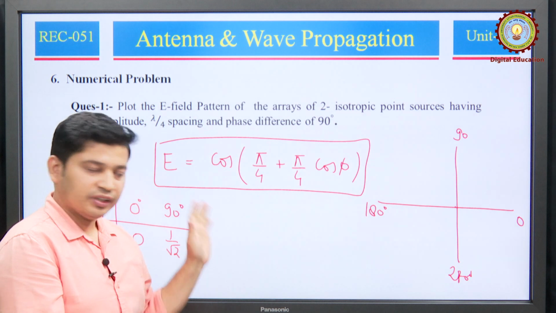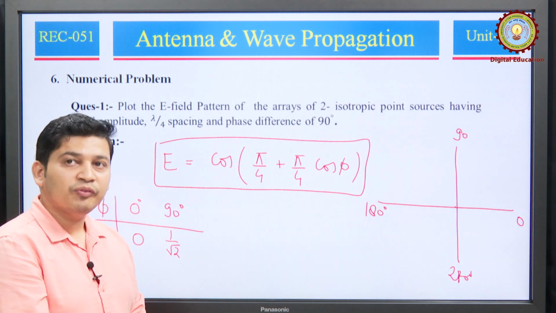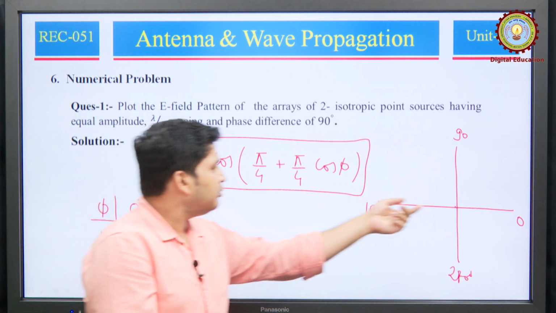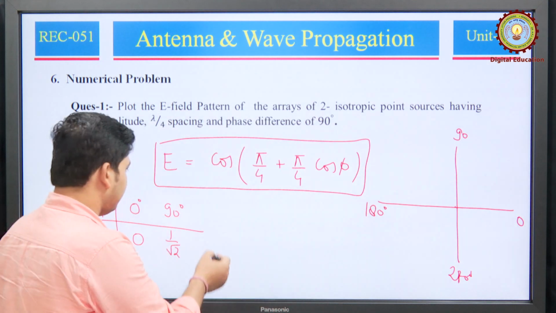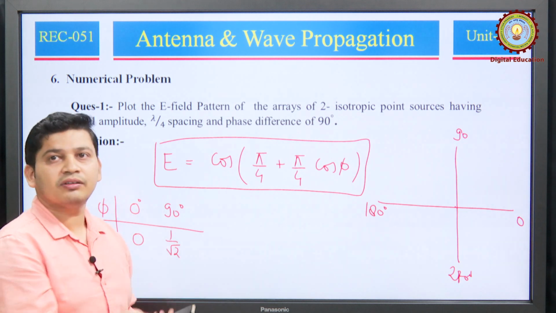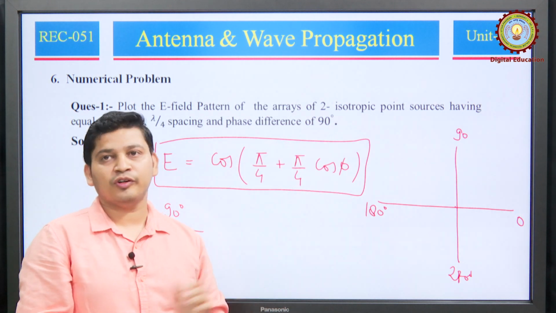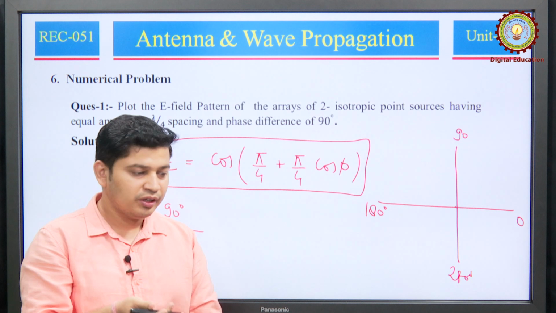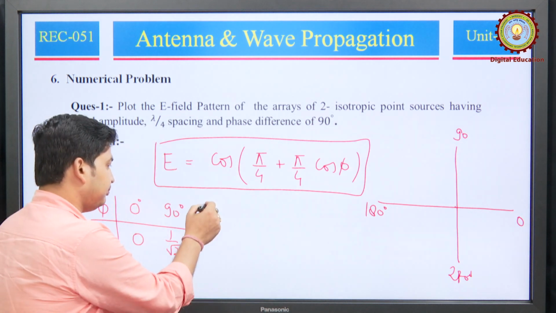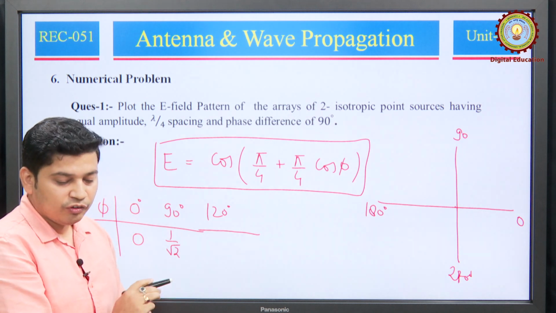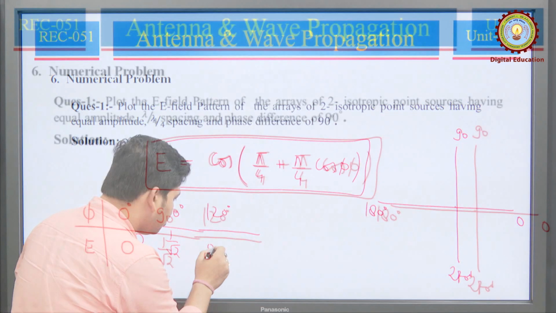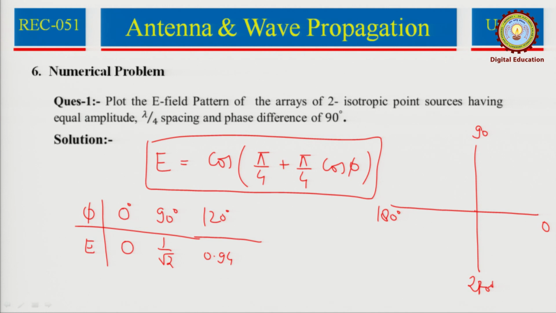Later we plot the curve, first we find the values. Next, let us take one more value in between these two, let us say 150 degree, or you can take 120, whatever you want, it is sample data we are processing. So, let us take 120 degree. When you solve this, it is close to 0.94, you do the calculation from the calculator, it is the basic formula cos 120.